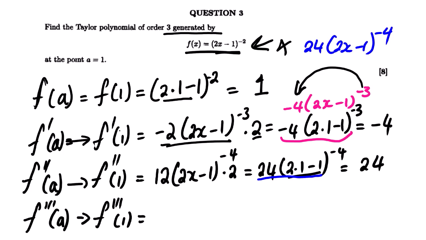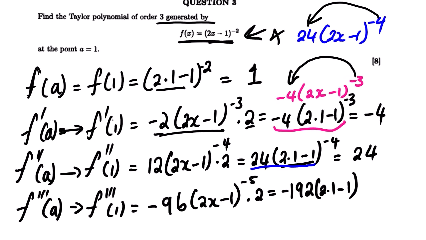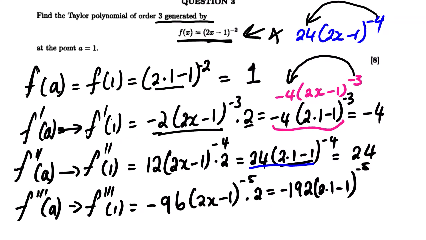So we have negative 4 multiplied by 24, it will be negative 96 (2x minus 1) all raised to the power negative 5 multiplied by 2. Negative 96 multiplied by 2 is negative 192, and then we have 2 multiplied by 1 minus 1 to the power negative 5, which is equals to negative 192.